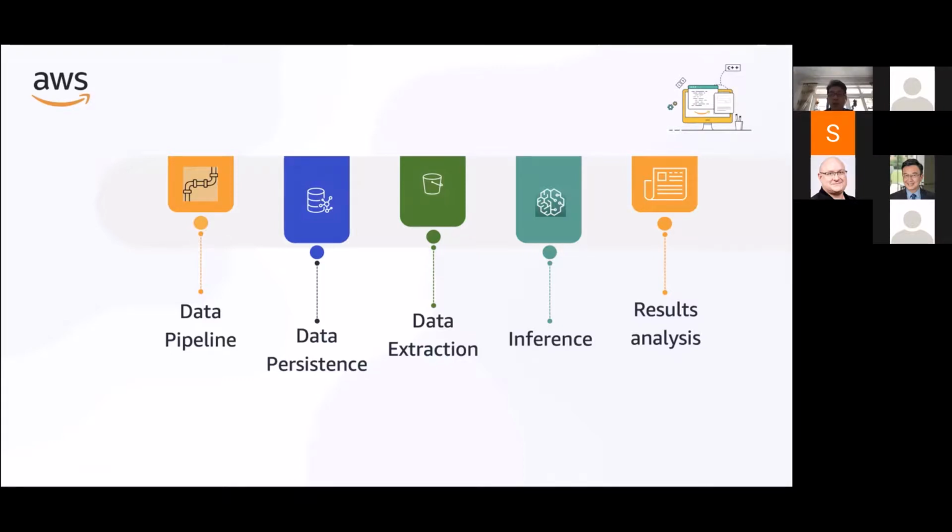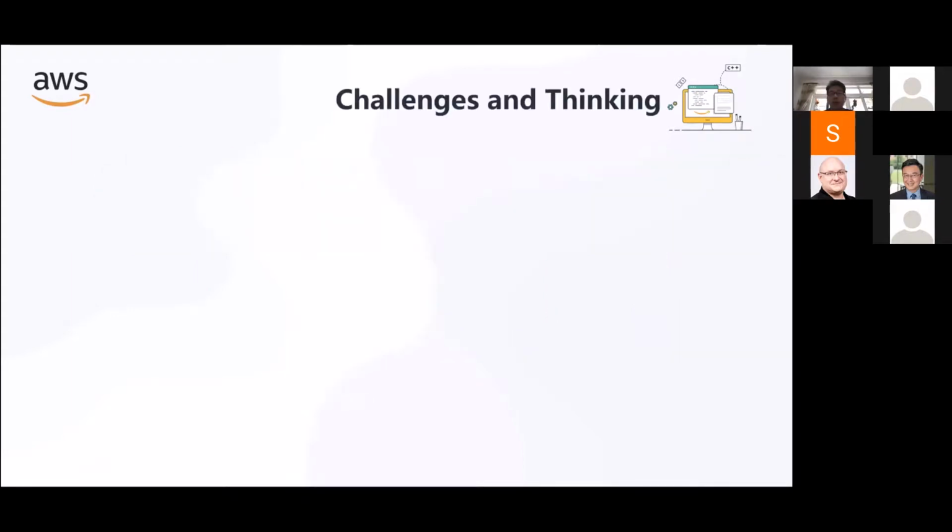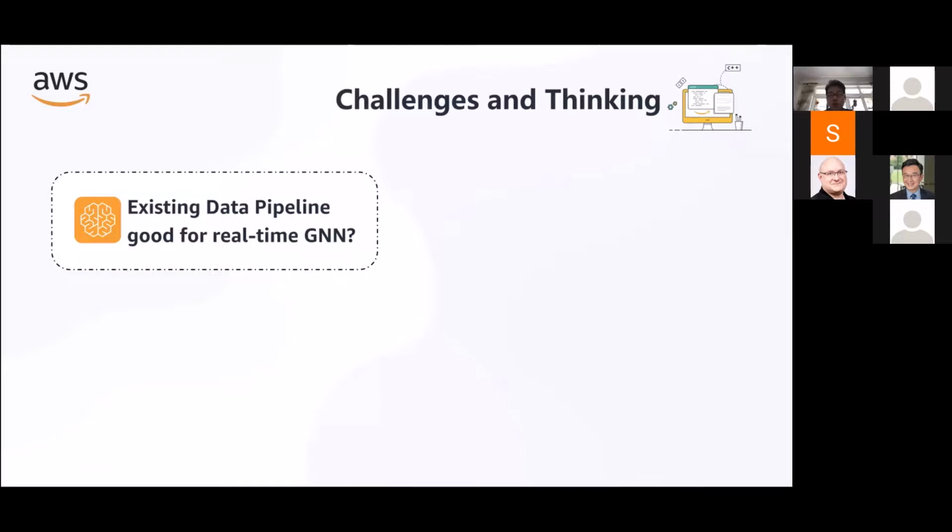So you can see that it's not only about a model, it's a question related to the whole data pipeline if we want real-time inference. Currently, many research papers use either transductive models or batch inference methods, but that's not very useful in the real-world case. So I list some of the questions or challenges here.